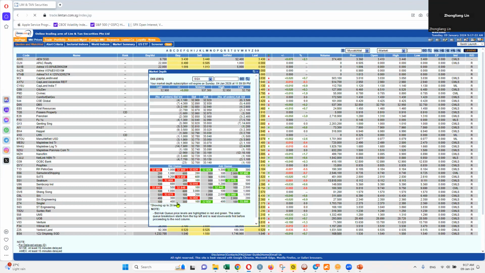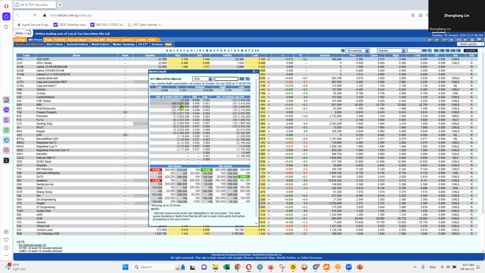Some stocks have a snake queue. What's a snake queue? Let me call it a penny counter, like for example Marco Polo, which has a huge volume over here. At 0.048, there are 9,864,000 shares queuing, in 55 queues.